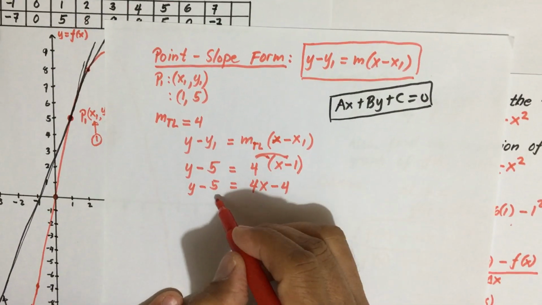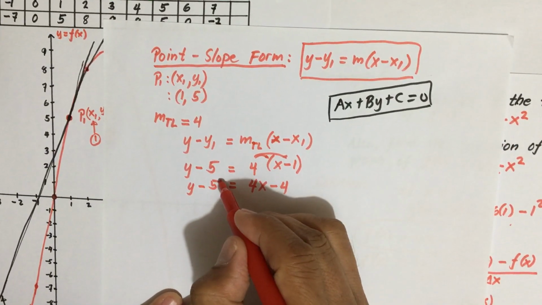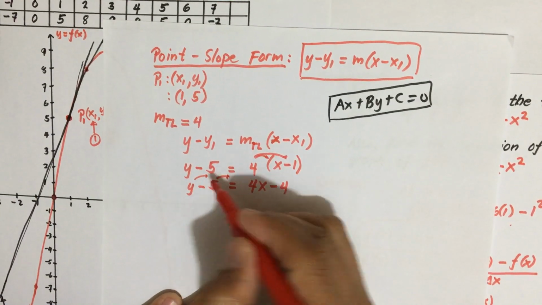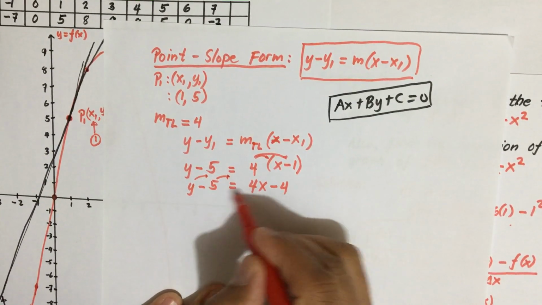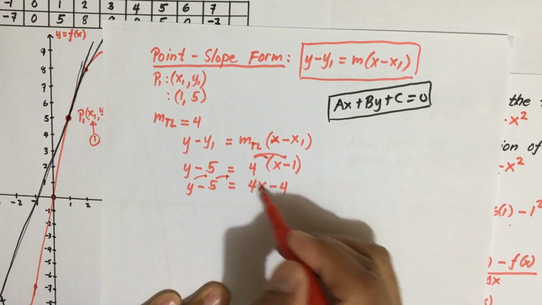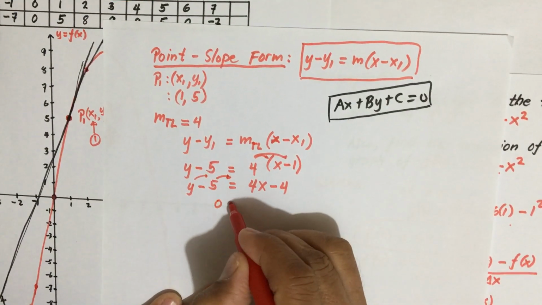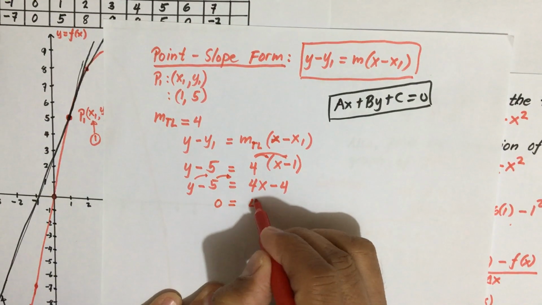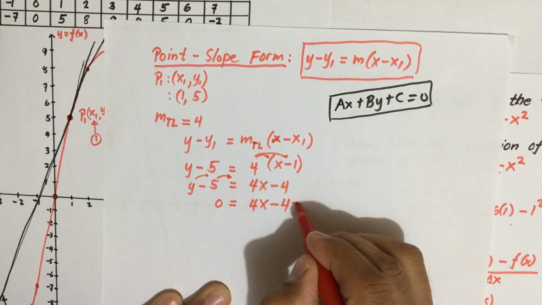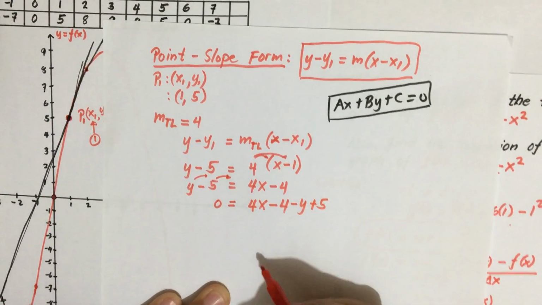So in this case, let's make the other side 0. So let's transpose this one, or you can subtract both sides or add both sides by 5 and subtract both sides by y, or simply transpose it to the other side. So the left side is 0, so we have 4x minus 4. When you transpose y, that becomes minus y. Minus 5 becomes plus 5.